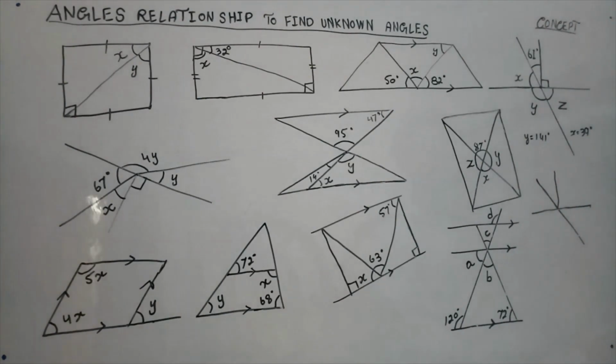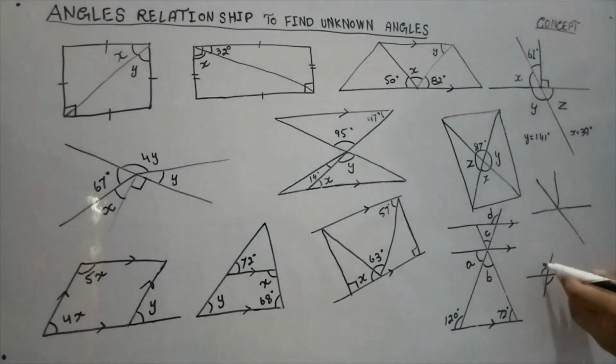Now you can see that this line is straight and this line is also straight. The vertically opposite angles theorem says that if we have two straight lines, then opposite angles will be equal.